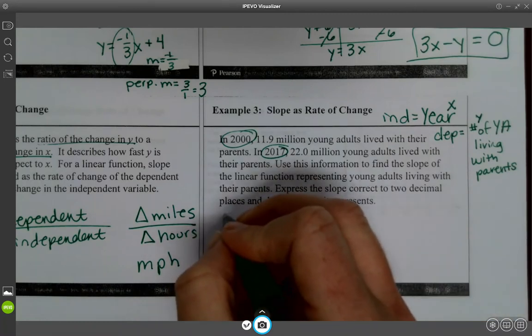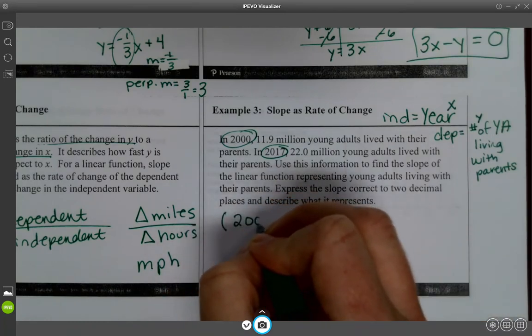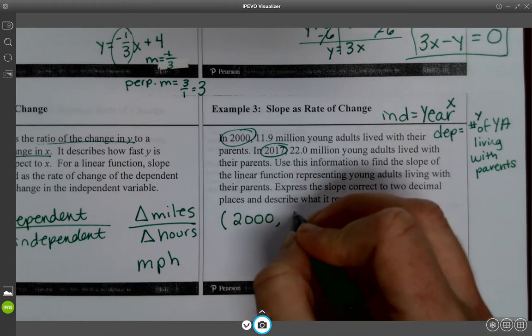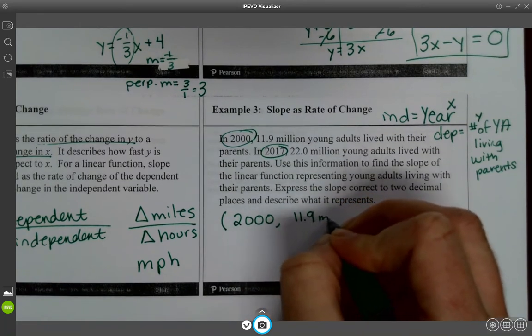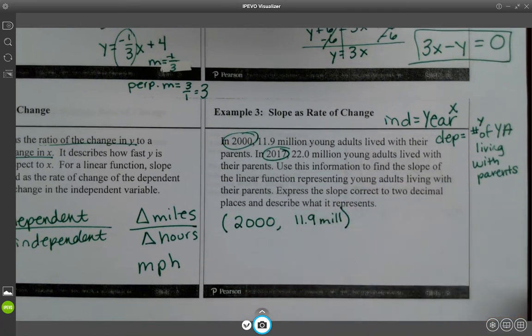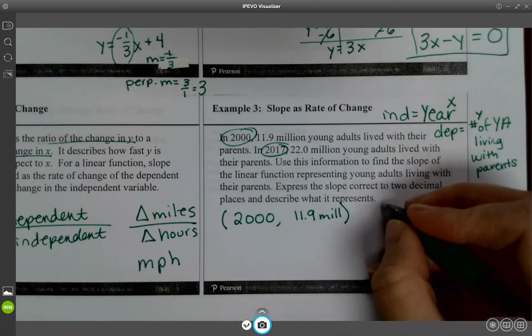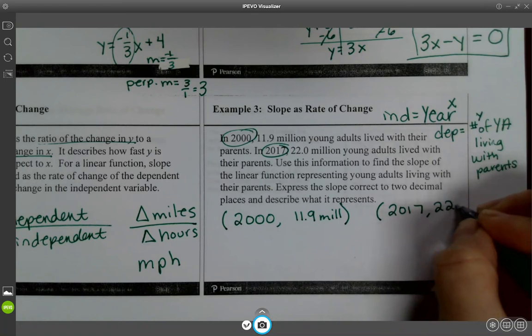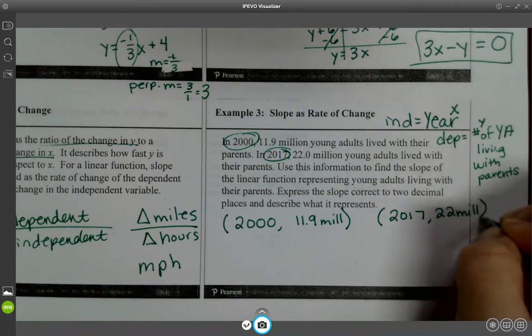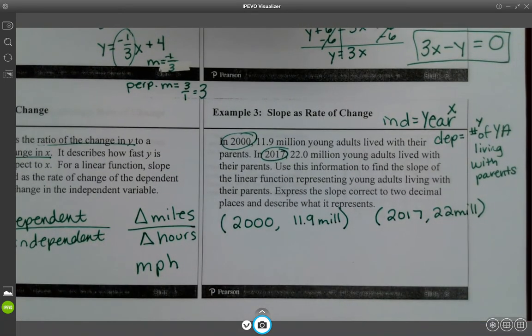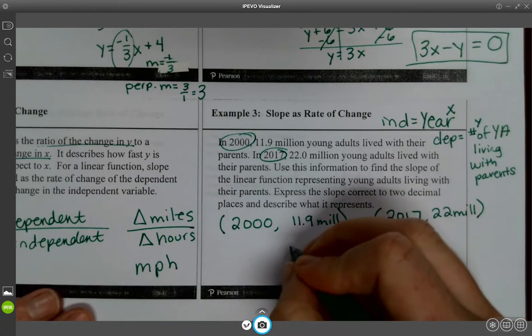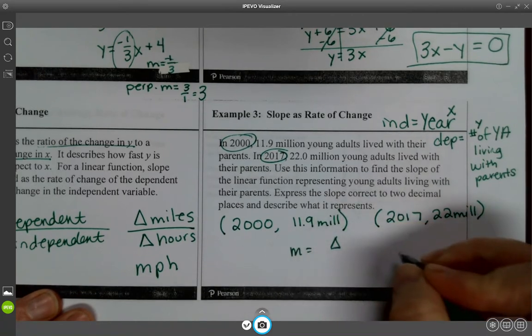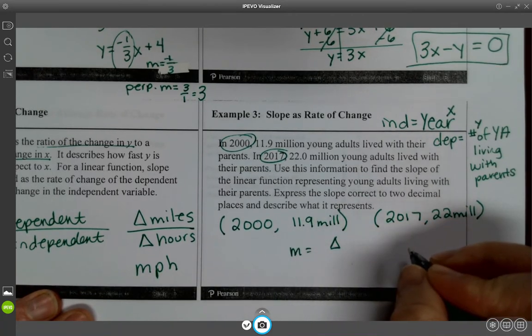So if I write it as ordered pairs, I would do 2000, 11.9 million. And then the other would be 2017, 22 million. So my rate of change would be represented by doing change in, what's the dependent?